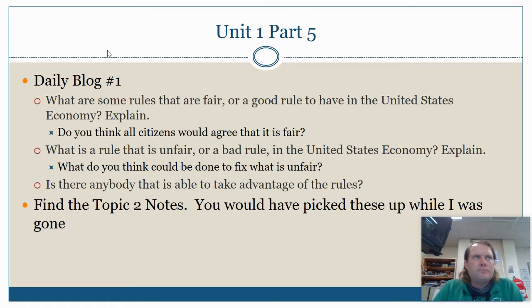Again, my experience is that you guys are a little bit unsure of what rules are. Well, one rule that the United States has is that students have to go to high school until they're 17 and a half years old or whatever the age is, right? That can be an economic rule because the state government pays for you to be in school, and obviously if they tell you what to do, that is a rule.